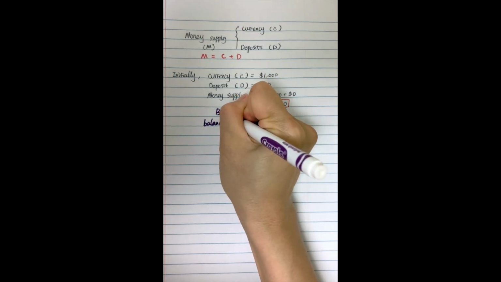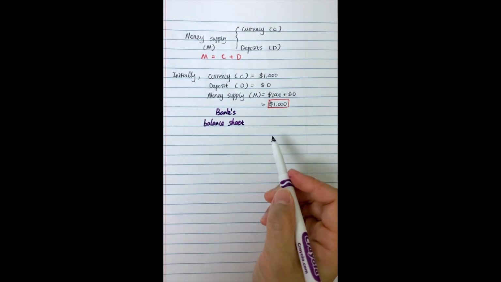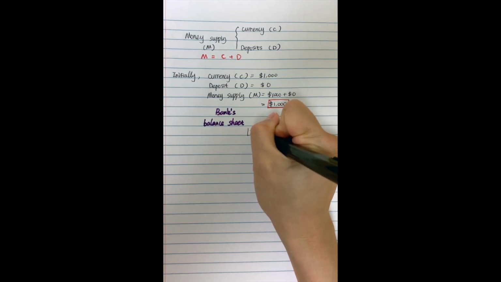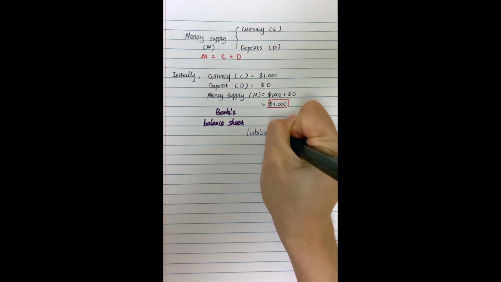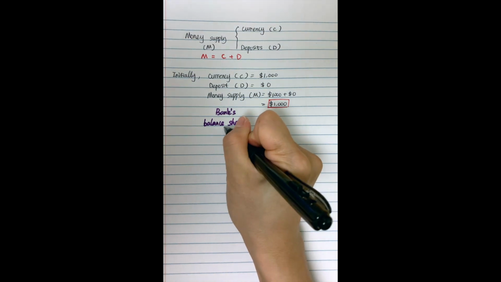That will be the bank's balance sheet, okay? So for the bank balance sheet, it will include two parts. We'll have the liabilities and we also have assets.